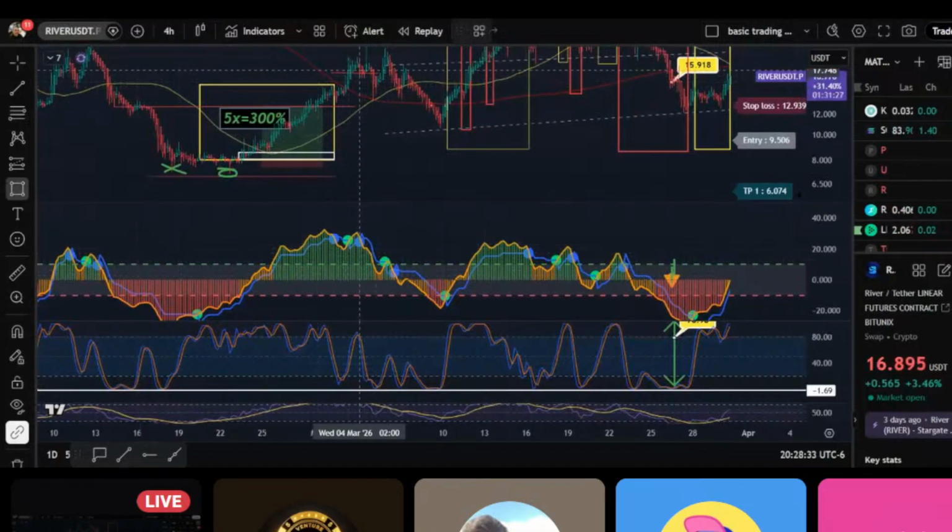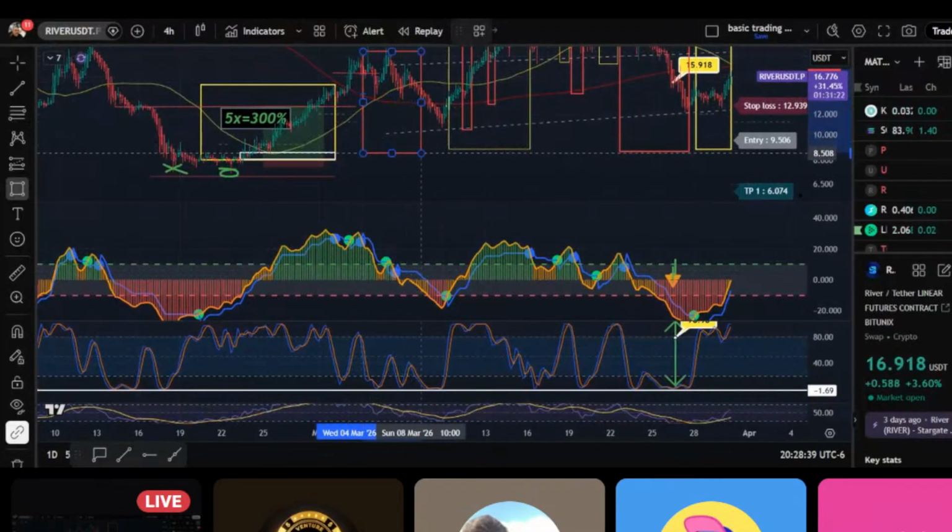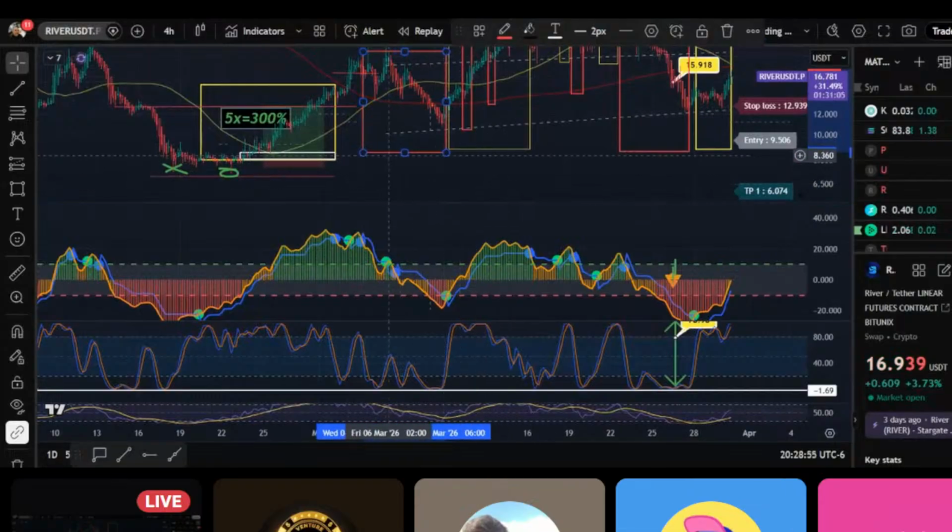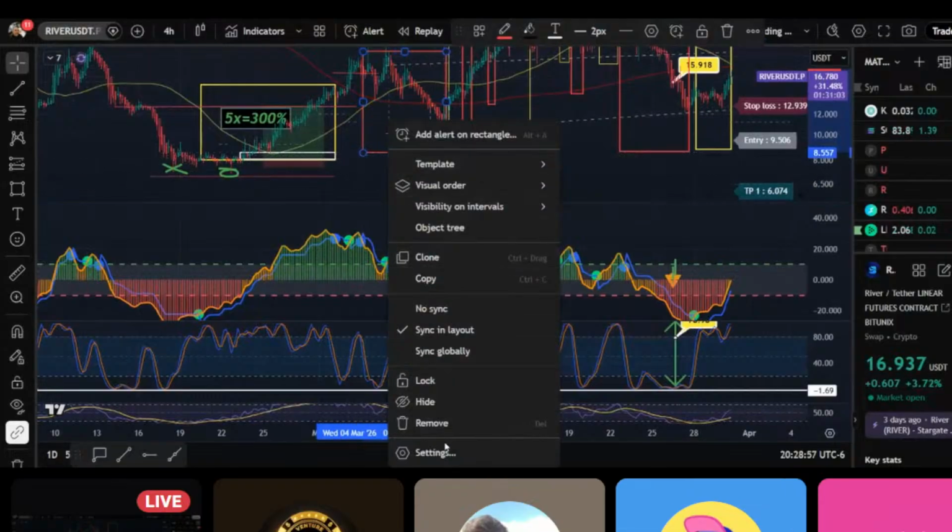And this is also another way to look at river, saying, okay, maybe if I'm playing the short, I play the 4 hour moon off the reversal, right? We'll see how that plays out there. I'll mark this one real quick.